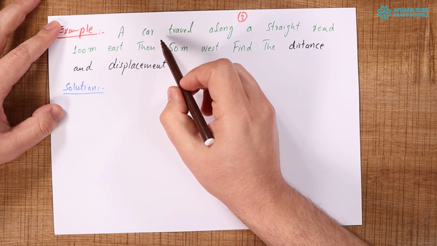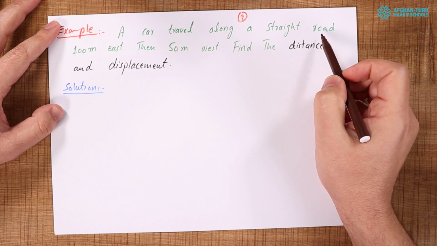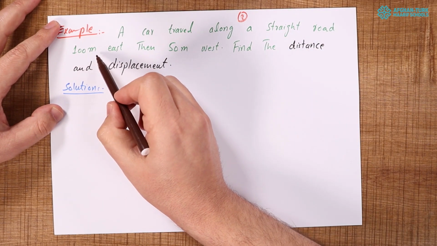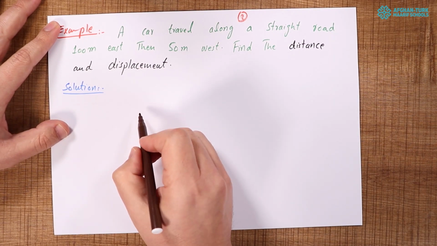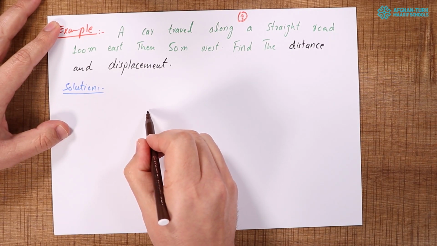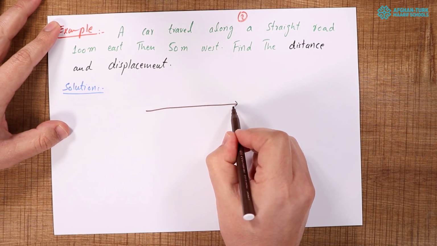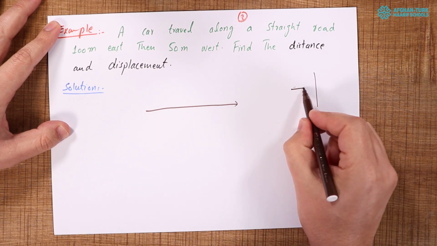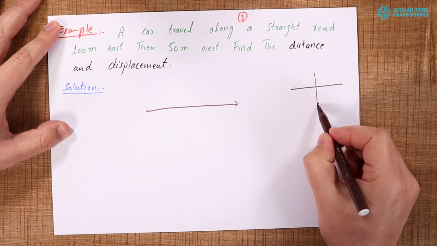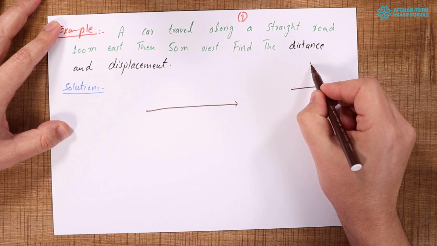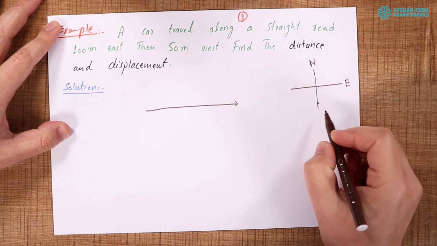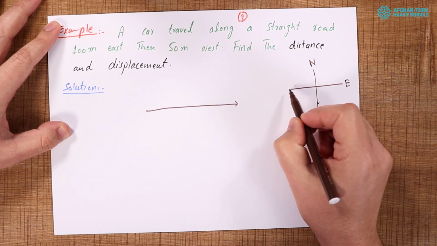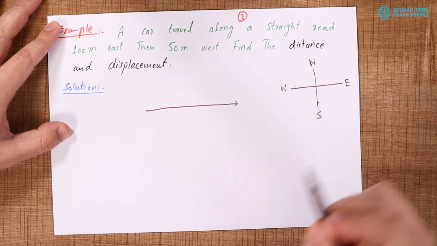They ask the question: a car travels along a straight road 100 meter toward east. For example, we have a car which is moving straight like this. For simplicity, if east, north and south are given, you can draw negative for west.